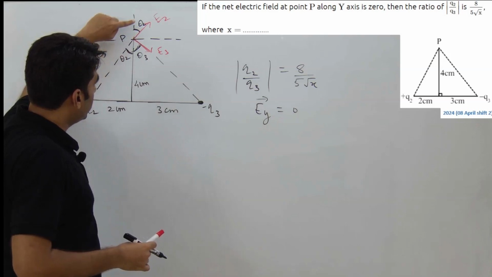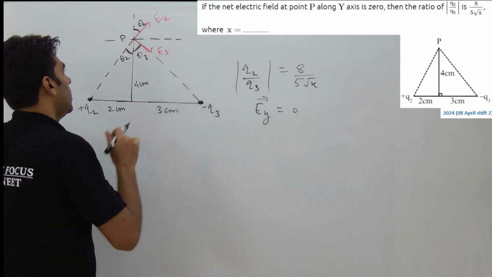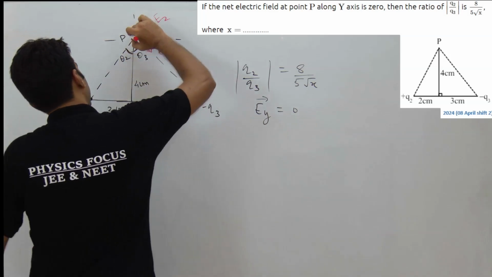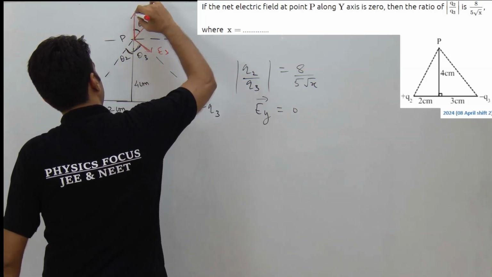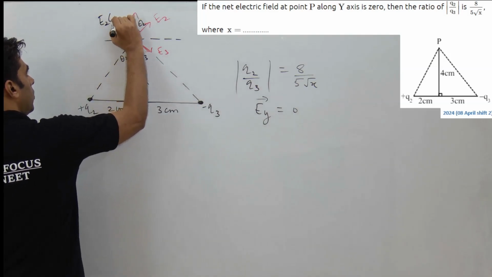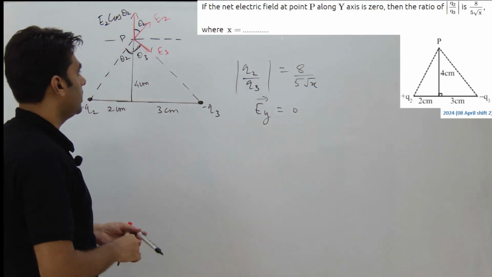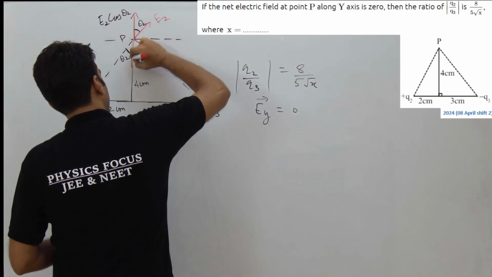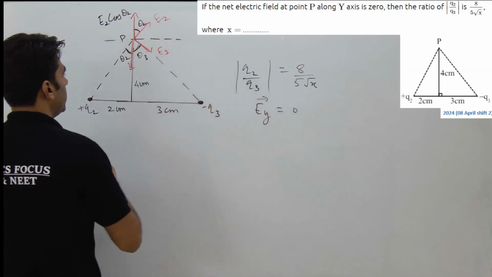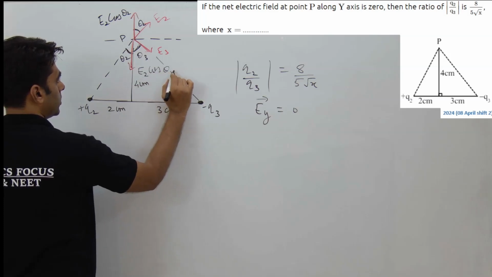This angle is theta 2, so this angle will also be theta 2, vertically opposite. This is theta 3. Now let's look at the vertical components. The vertical component of E2 will be E2 cos theta 2. What is the vertical component of E3? It will come downward, and it will be E3 cos theta 3.